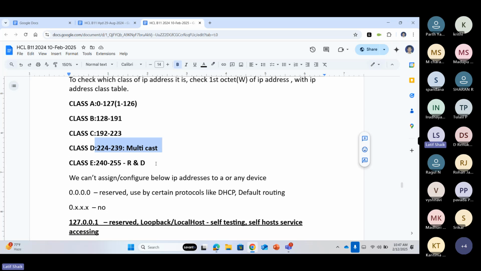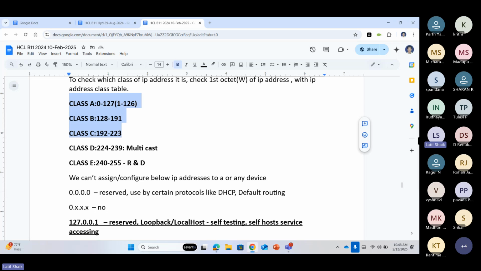So these multicast addresses also we can't assign to our devices. And what about the first three, Class A, Class B, Class C? These are from 0 to 223. You can see these Class A, Class B, Class C are unicast IP addresses.